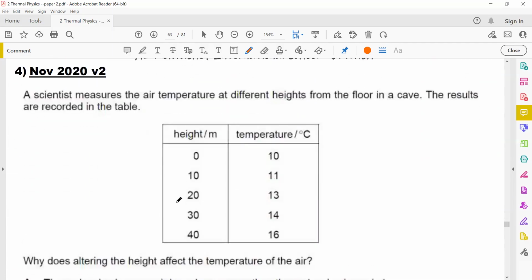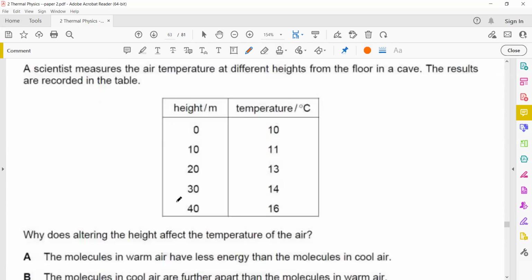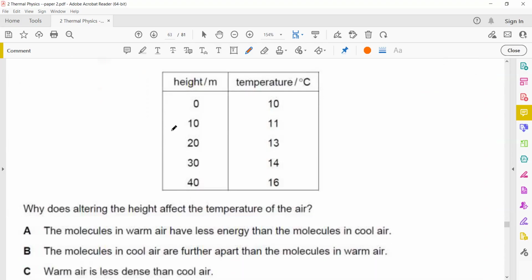In question number 4, scientists measured the air temperature at different heights from the floor in a cave. The results are recorded in the table. Why does altering the height affect the temperature of the air? As we see from the table, as the height increases, 10, 20, 30, and so on, the temperature of the air also increases.